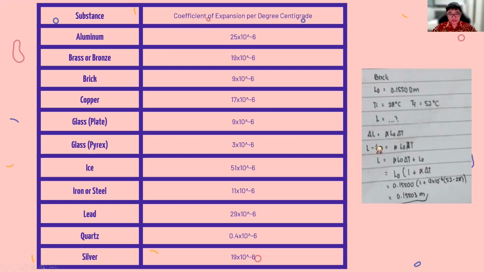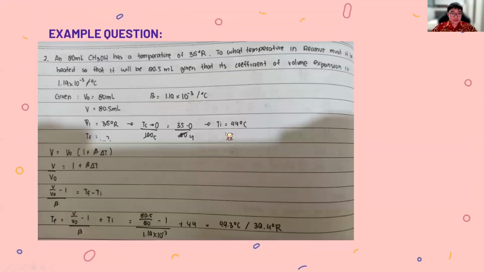The change of length is equal to the coefficient times the initial length times the change in temperature. Then we will change the formula to this, which is the final length equals the coefficient times the initial length times the change in temperature plus the initial length. Using this formula, we will get 0.15503 meters.